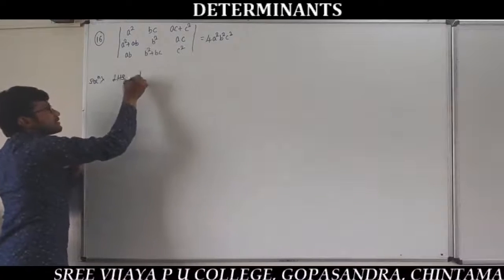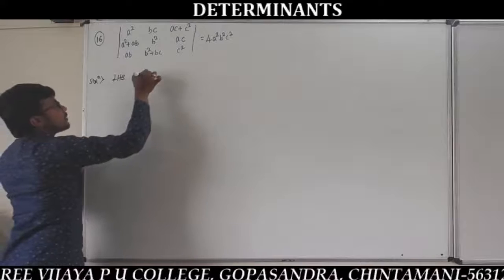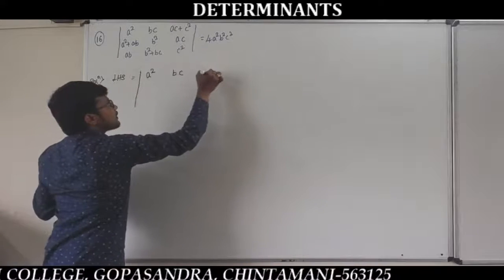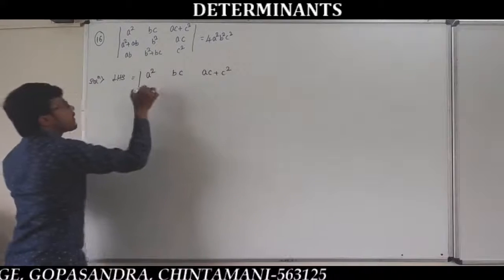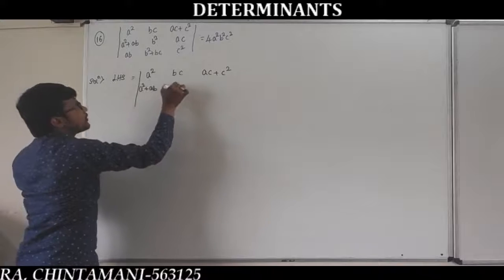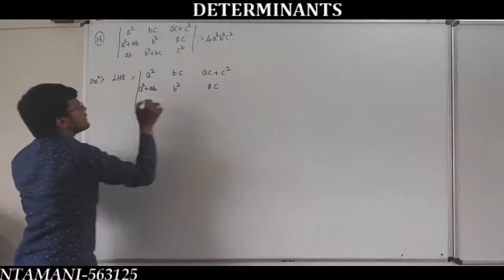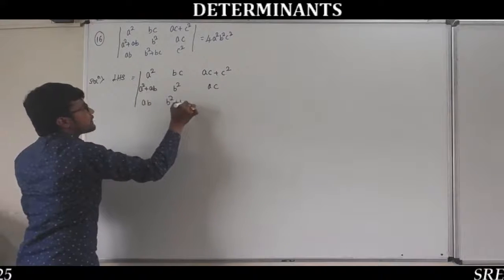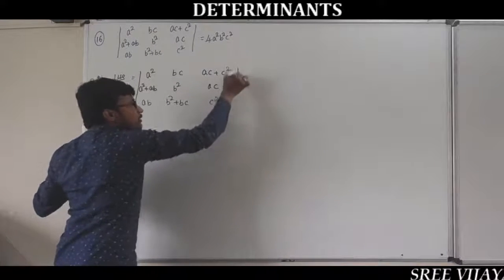Taking the LHS, LHS equals determinant of a square, bc, ac plus c square; a square plus ab, b square, ac; ab, b square plus bc, c square.